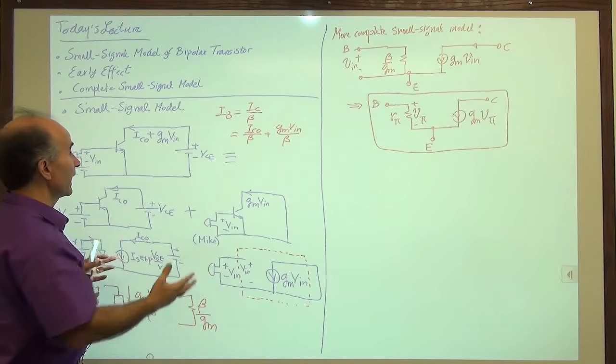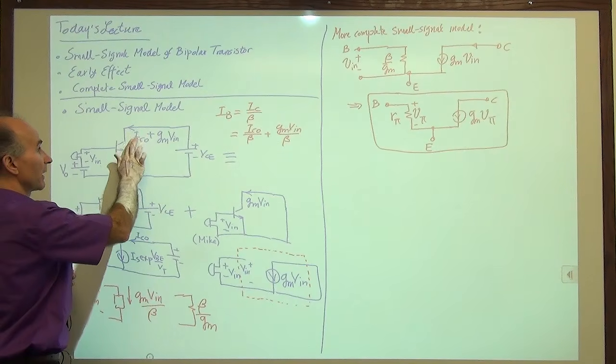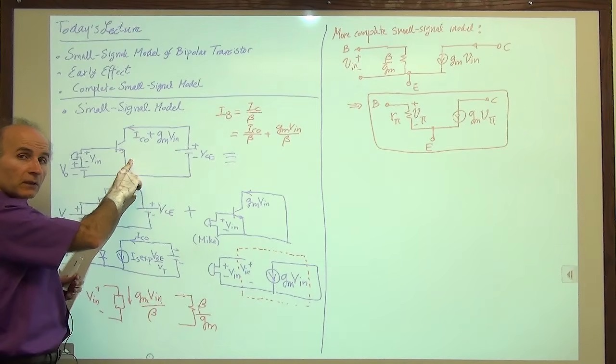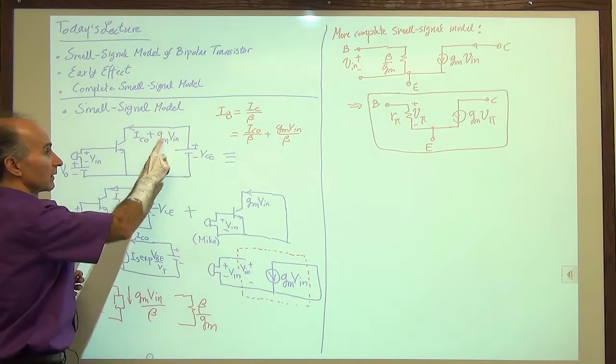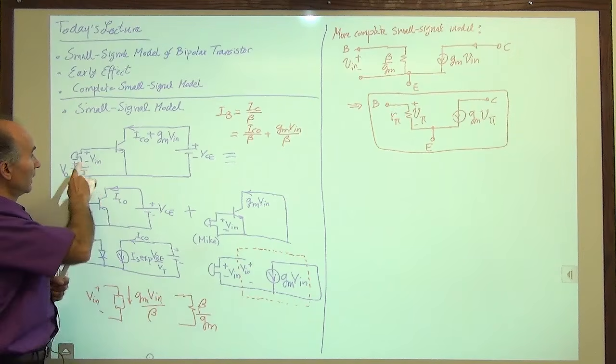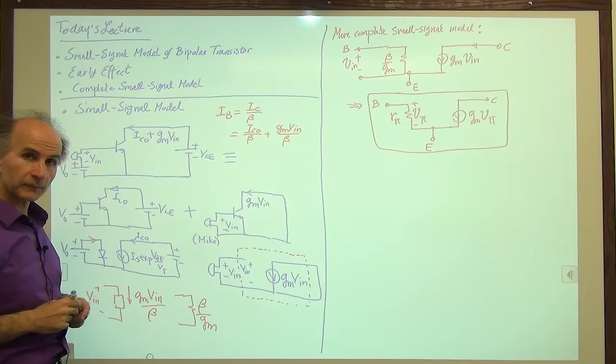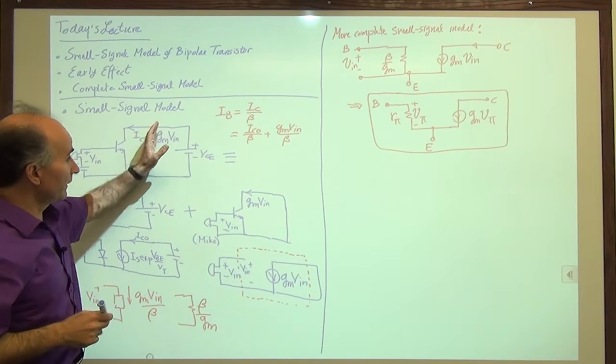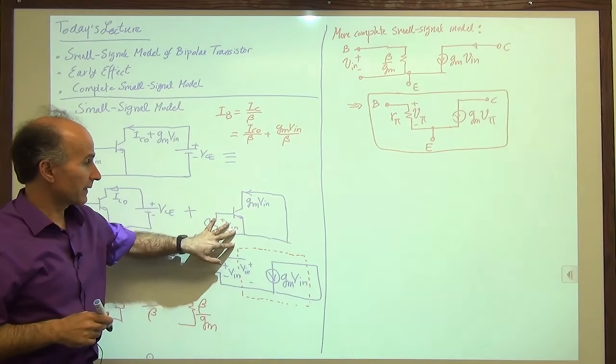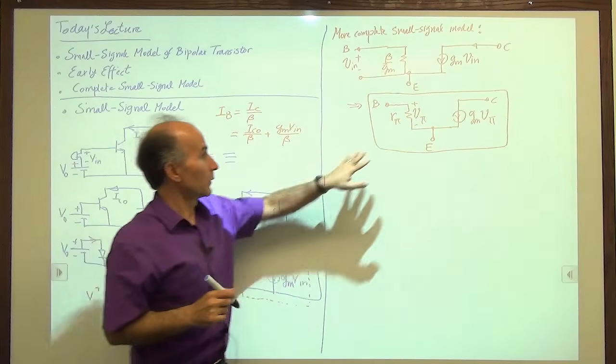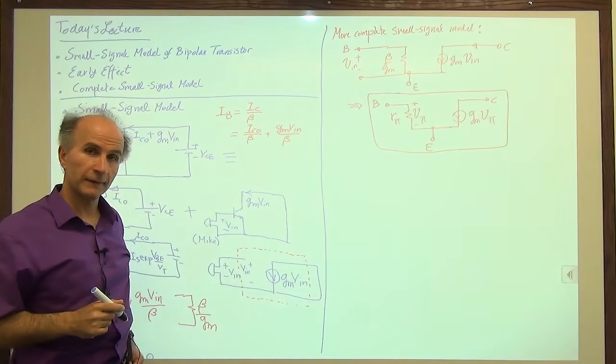At the end, what we have is really the sum of the two. We have some bias value flowing through the collector, and then we have some signal, which is the result of the input signal. So for finding the response to the signal, if the signal is small, we use the small signal model.